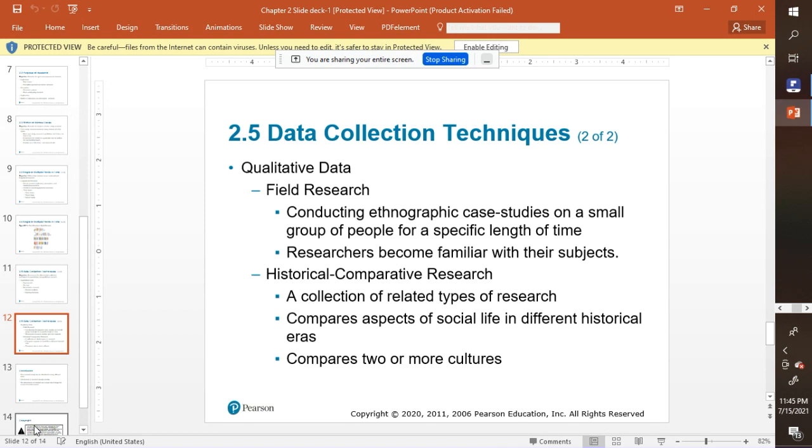Like the example I gave just now, you are carrying out research not only among Africans in the refugee camps, but this time you are trying to look into other ethnic groups like the Asians, the Americans, or the Europeans, and you try to compare aspects of social life in different historical eras.